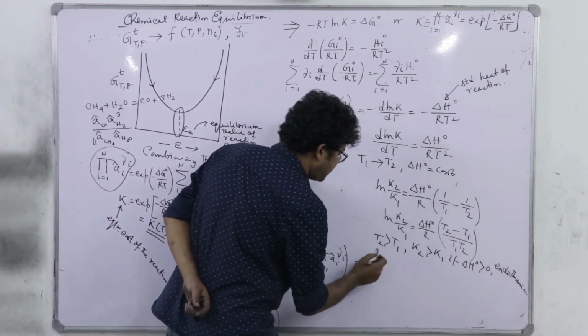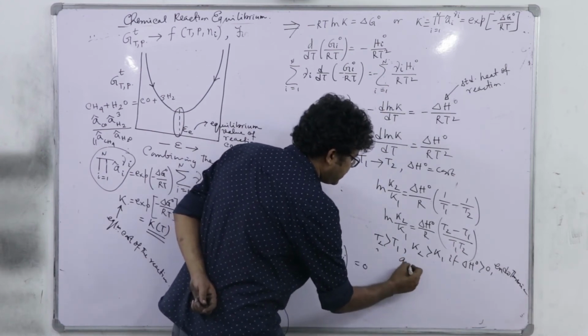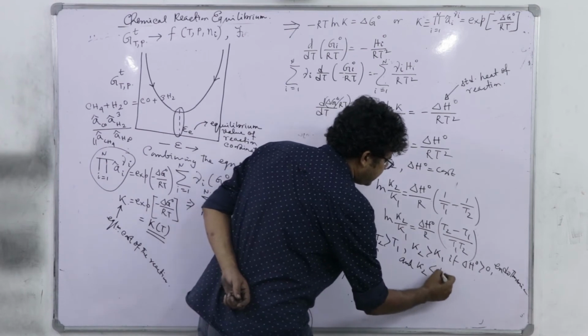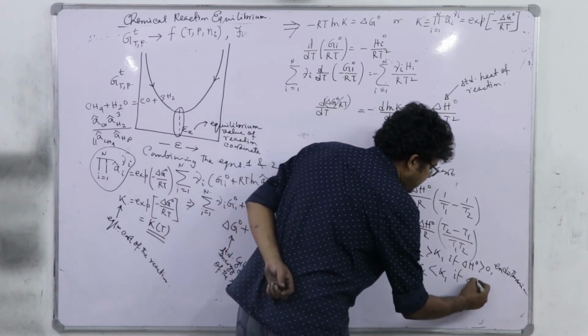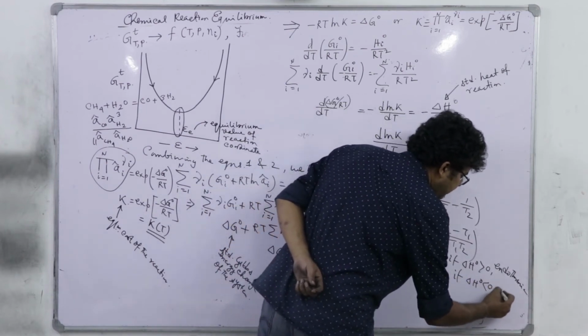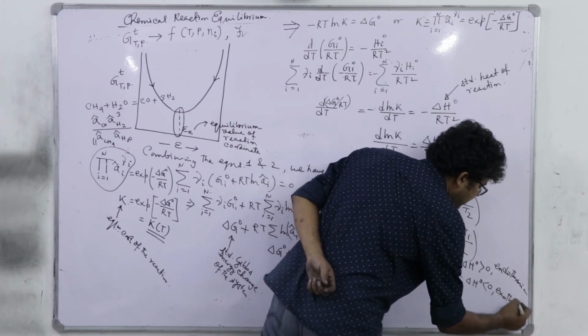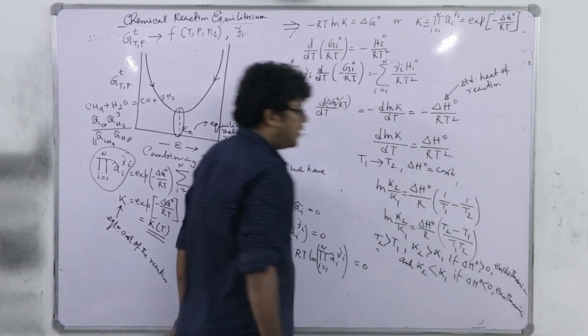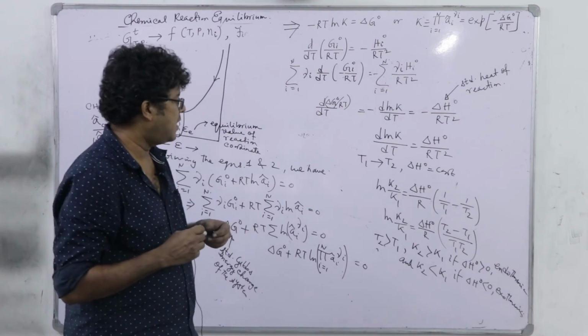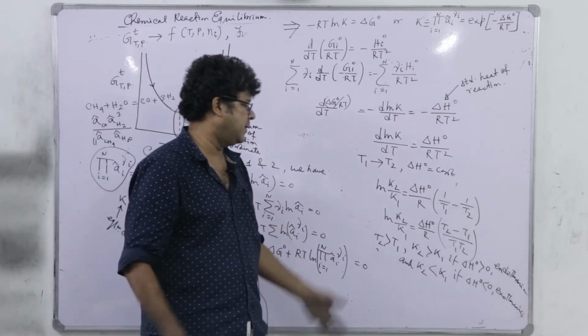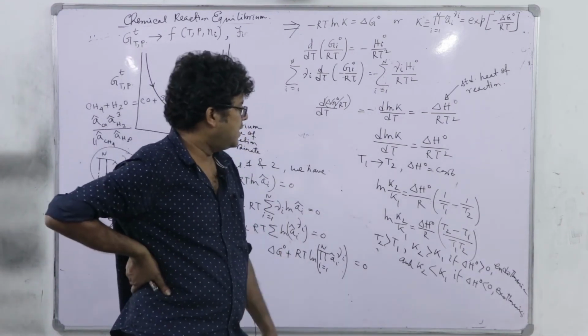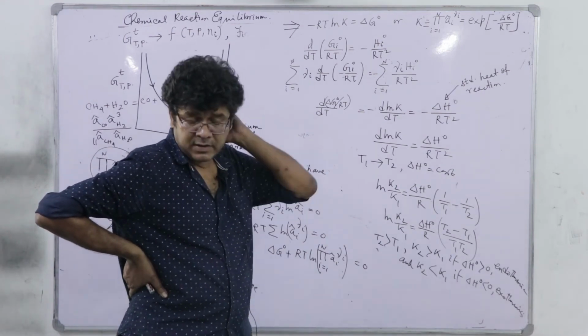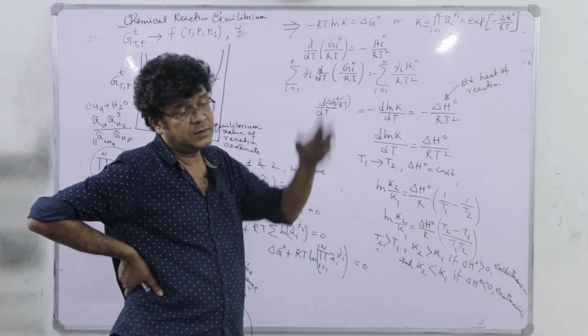And K2 is less than K1 if delta H naught is negative, an exothermic reaction. So for exothermic reactions, which are most of the reactions where heat is liberated, the increase of temperature results in a reduction of the equilibrium constant.